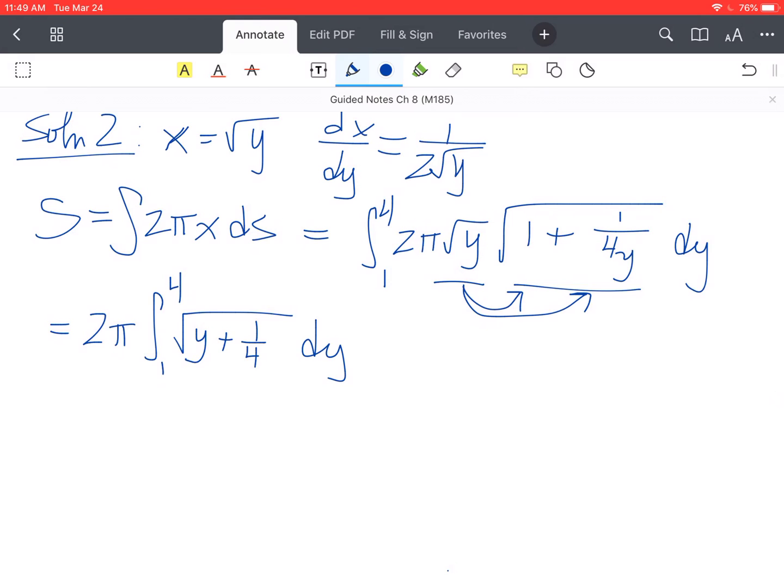And now this is something that we can actually just integrate as is. So this is 2 pi times 2/3 (y plus 1/4) to the 3/2 integrated from 1 to 4.